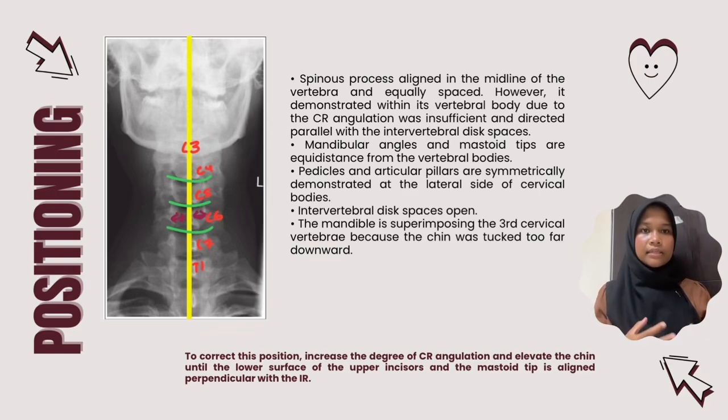To correct this position, increase the degree of the central angulation and elevate the chin until the lower surface of the upper incisor and the mastoid tip is aligned perpendicular with the IR.